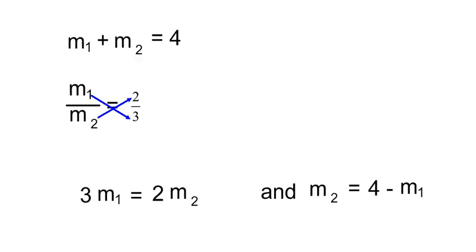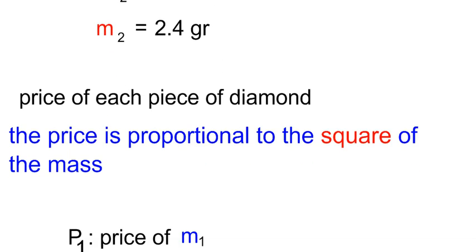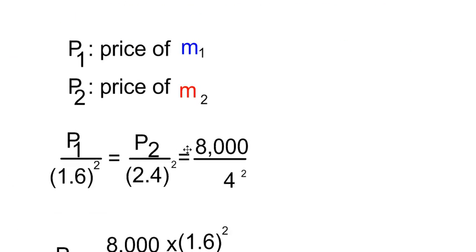So the ratio here is 8,000 divided by 4 squared. By this proportion, you can find price P1.